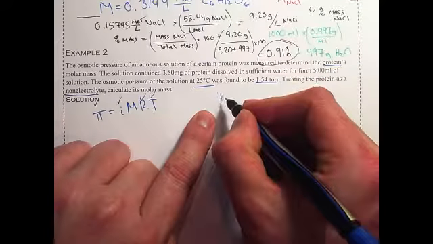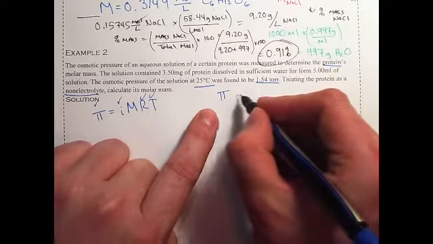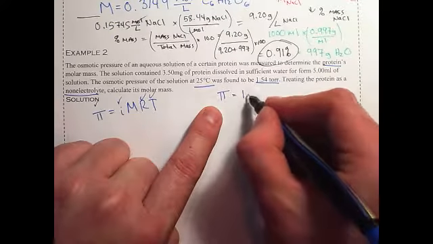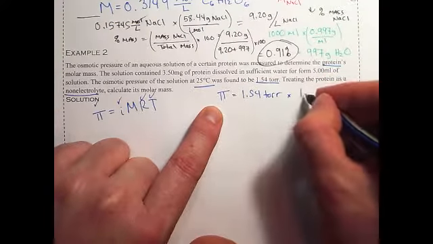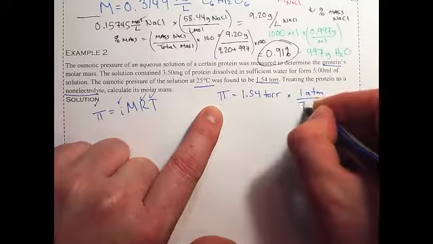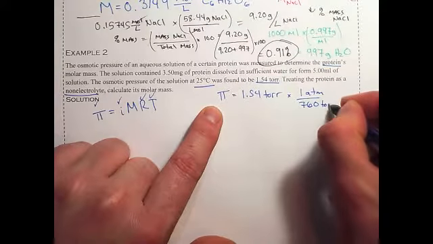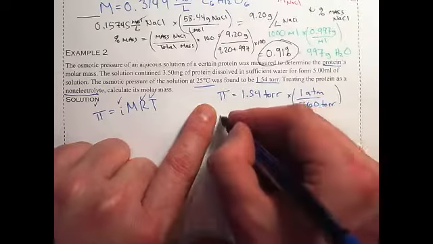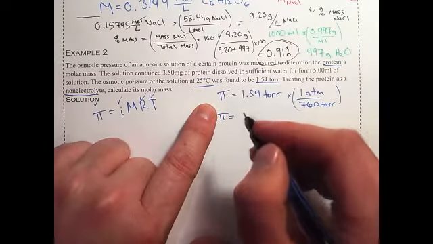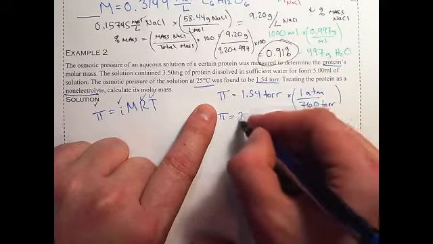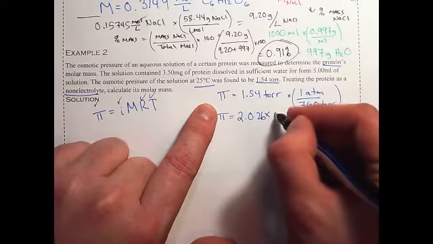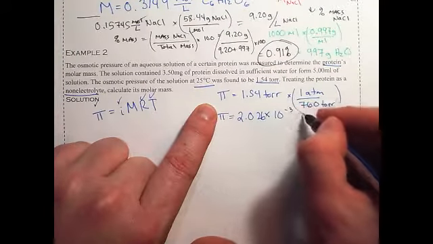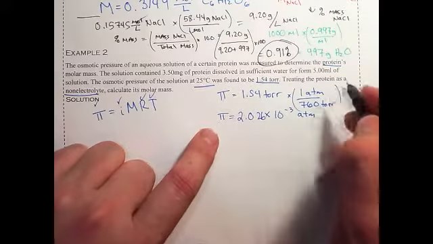First of all, pi is equal to 1.54 torr. So that's times 1 atmosphere over 760 torr. That would be 2.026 times 10 to the negative 3 atmospheres.